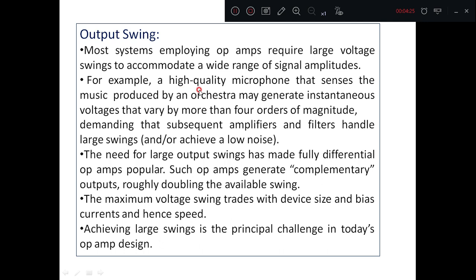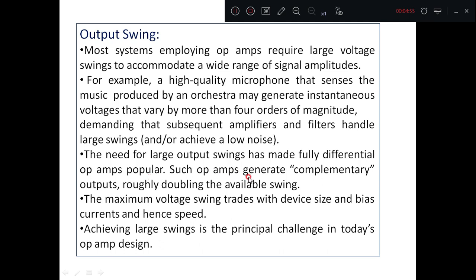For example, a high quality microphone that senses the music produced by an orchestra may generate instantaneous voltages that vary by more than 4 orders of magnitude, demanding that subsequent amplifiers and filters handle large swings and or achieve a low noise. The need for large output swings has made fully differential op-amps popular.